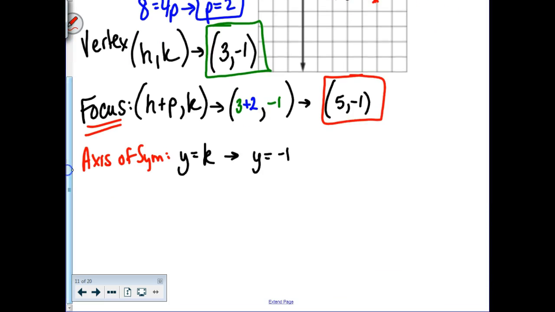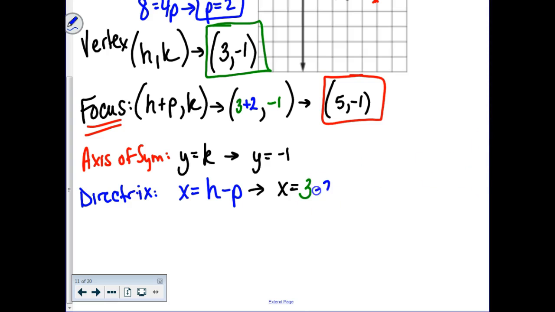All right, one more thing to calculate, and that would be the directrix. For a horizontal parabola, the directrix line is x equals h minus p. So for us, that would be x equals 3 minus 2, which of course would be x equals 1.